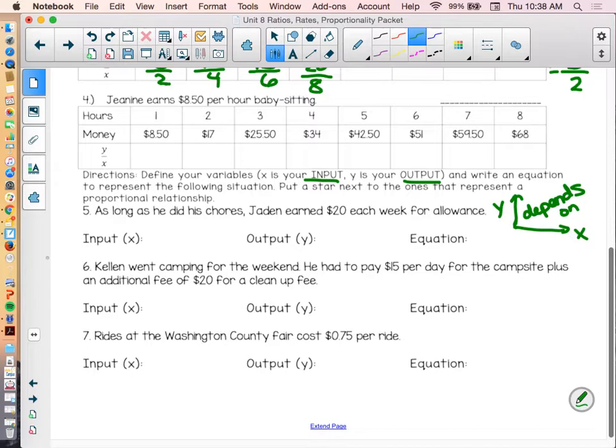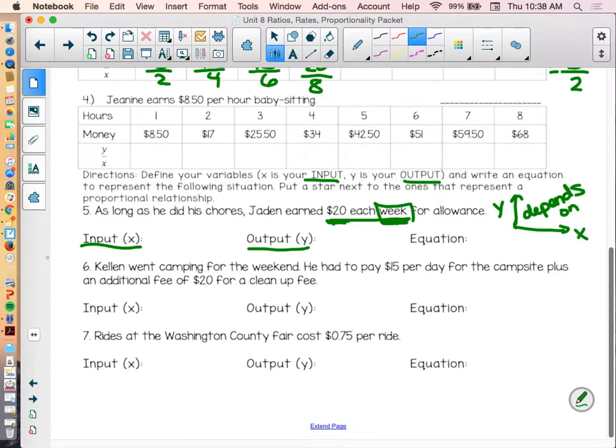As long as he did his chores, Jaden earned $20 each week for allowance. So we have to think of, okay, I've got a variable here, weeks, and we're talking about money. So those are my 2 variables. I have to figure out which is which though, which is the output and which is the input. Well, if you think through it, do the dollars depend on the weeks, or do the weeks depend on the dollars?